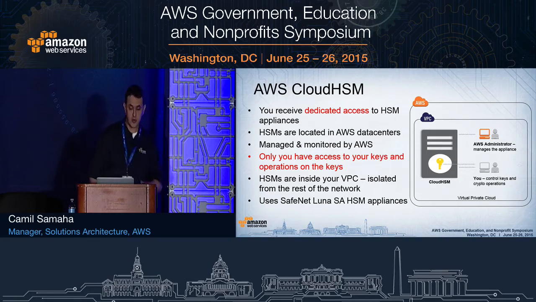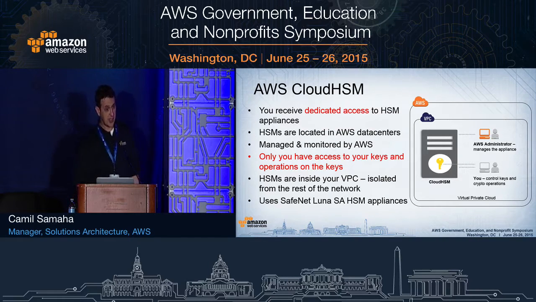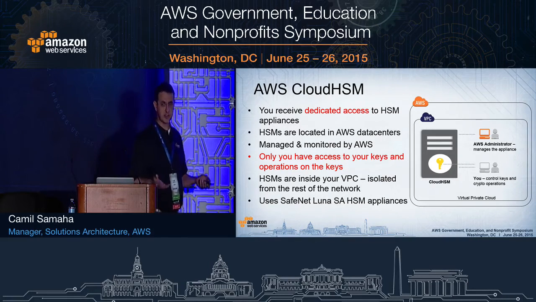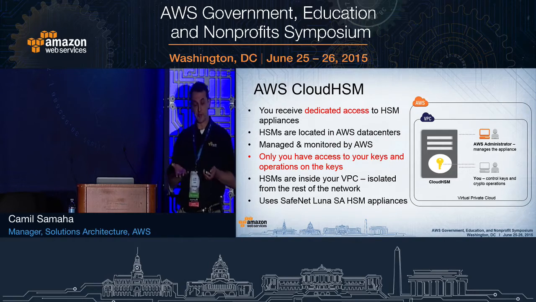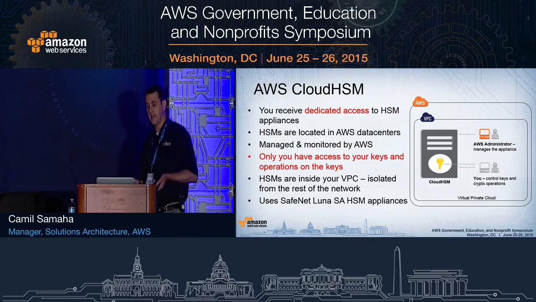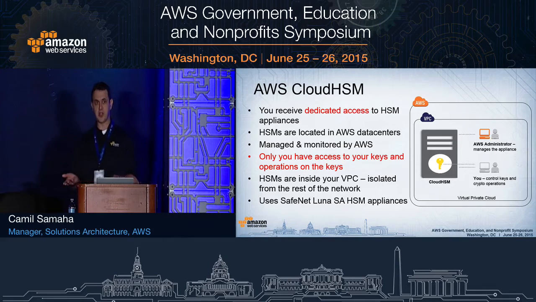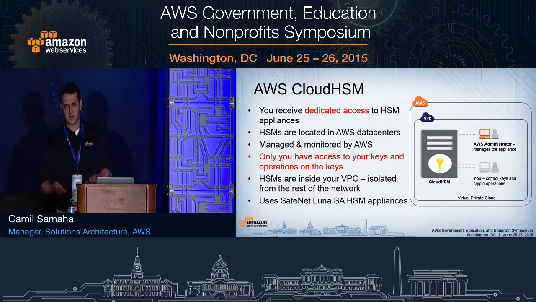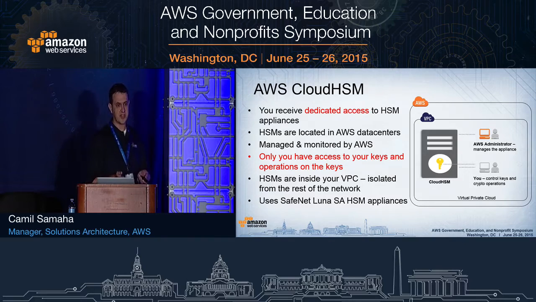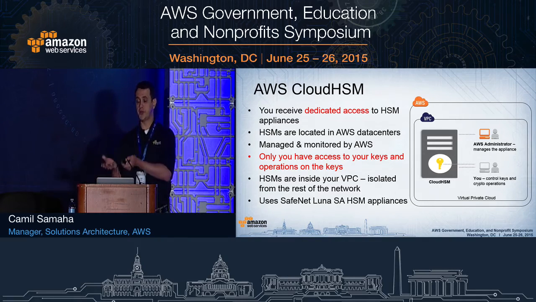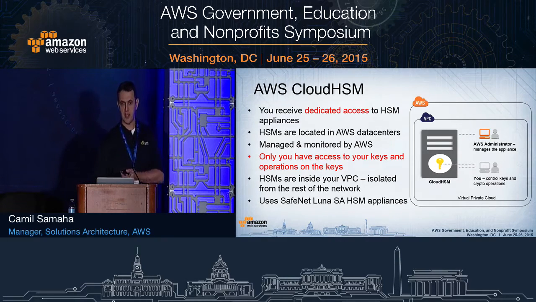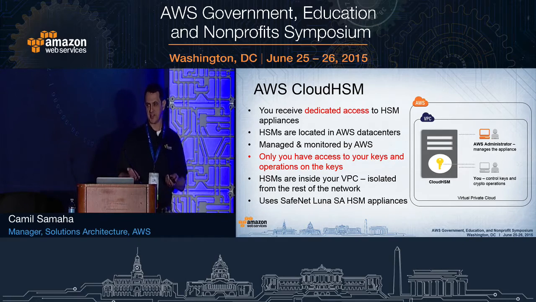Now, what about CloudHSM? With CloudHSM, it's an actual physical HSM appliance. Actually, it's the SafeNet Luna HSM that physically resides in one of our data centers close to your virtual private environment in AWS.